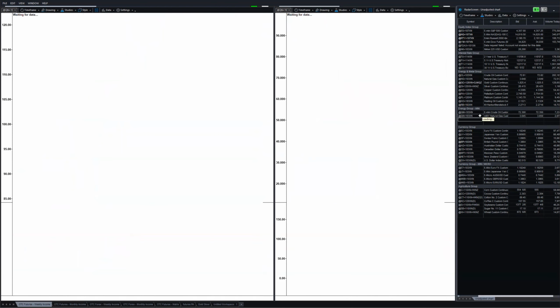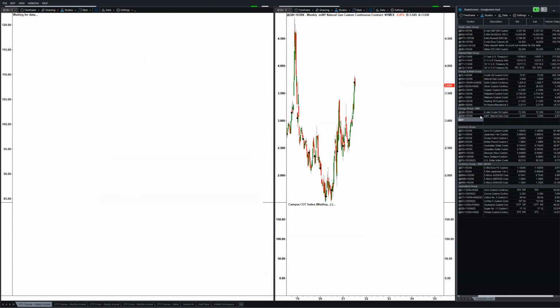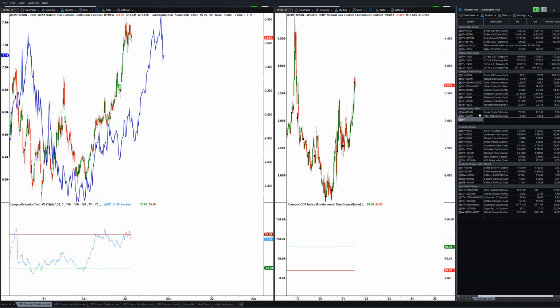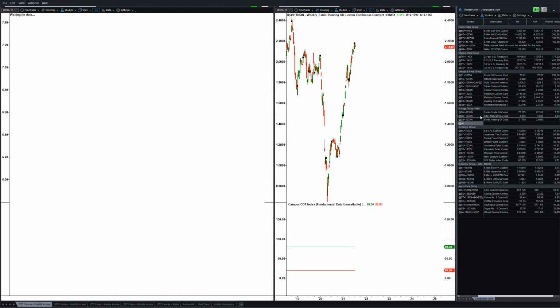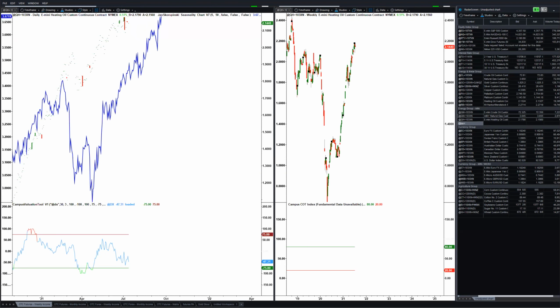Then we need heating oil, at QH equals 103XN, and gasoline, at QU equals 103XN.